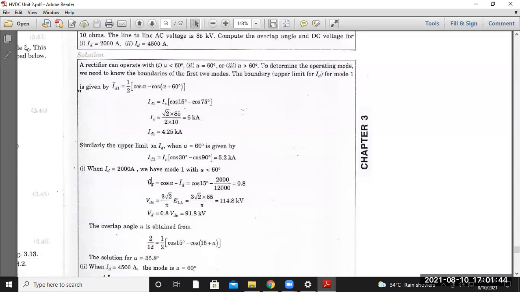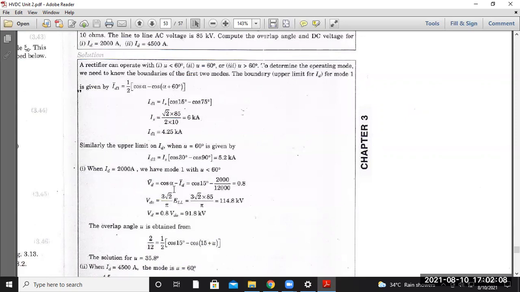Now, what will happen when ID is 2000 ampere, or ID is 4500 ampere? In that case, for ID of 2000 ampere, we will have mode 1, that is mu less than 60 degree. That range is 4.25, which is the closest value and higher than 2000 ampere.